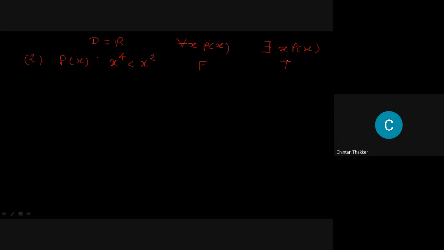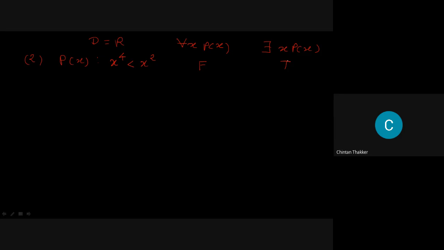So find out the witnesses for which the value x raised to 4 is less than x square. Yes, the points between 0 to 1.